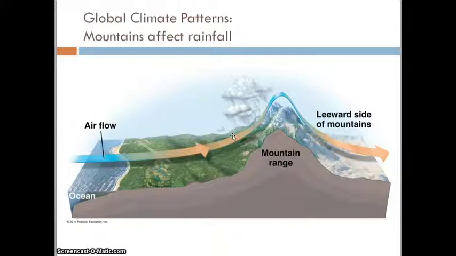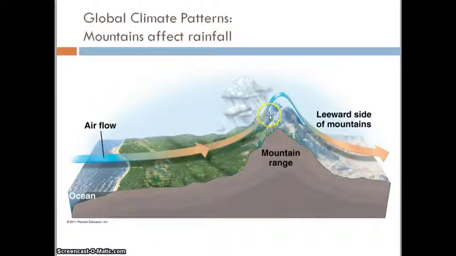When the air hits the mountain, it flows upward, and with the higher altitude it starts to cool down. Once it cools down, it releases rainfall. So around this area there's going to be the most rain.